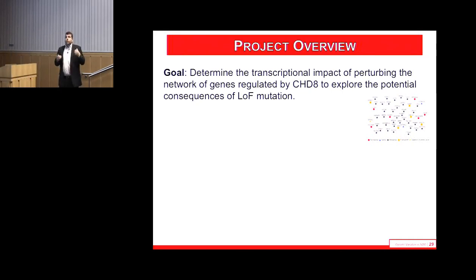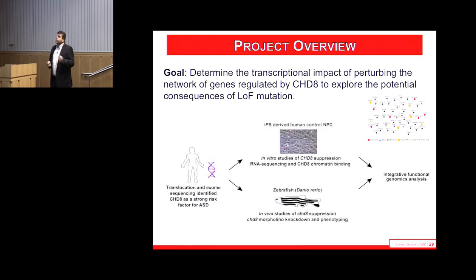So what we wanted to do was really try to perturb the network of genes that are regulated by CHD8 and see what actually comes out at the end. So we designed a study where we had iPS-derived neural progenitor cells, so early neural precursors. We wanted to knock down CHD8 expression in early neural precursors from a control with an isogenic background, and generate an allelic series.